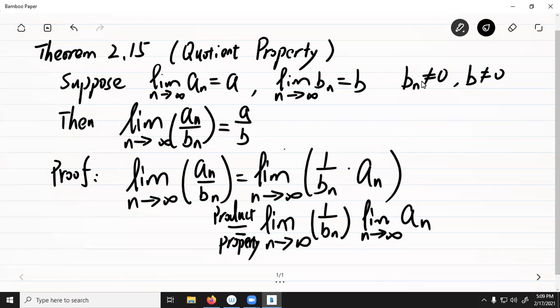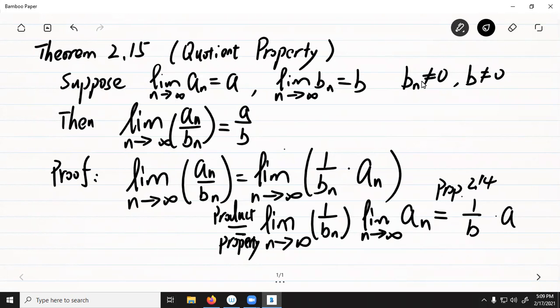And then the next step is, which is equal to 1 over b times a. This limit equals a, no problem, but this limit equals 1 over b, which is Proposition 2.14, the previous one. Then you have a over b.